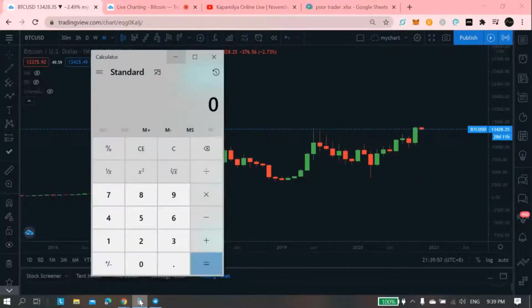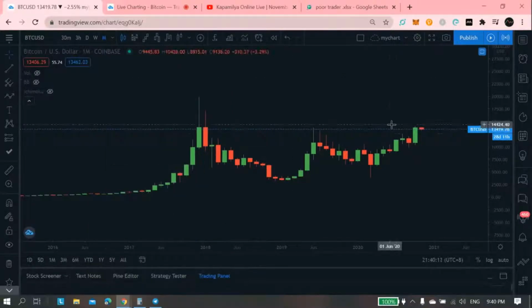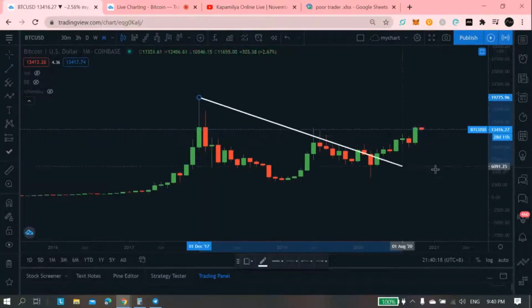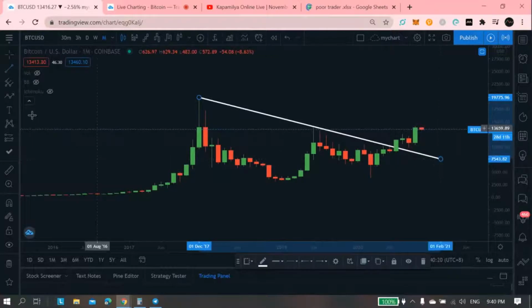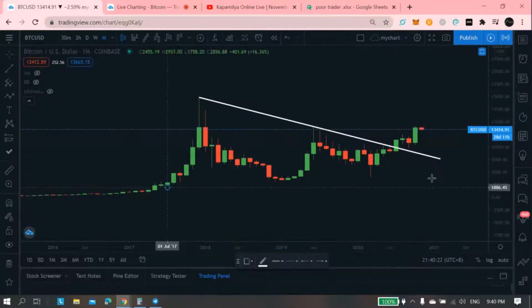So 13,800 times 1.9, expect around the 26,220, if a 90% growth will materialize this month. So actually that's the same as, or just close to, our target of this triangle.